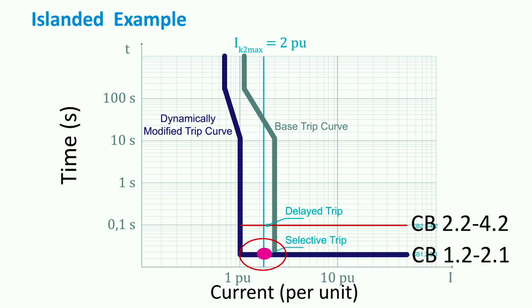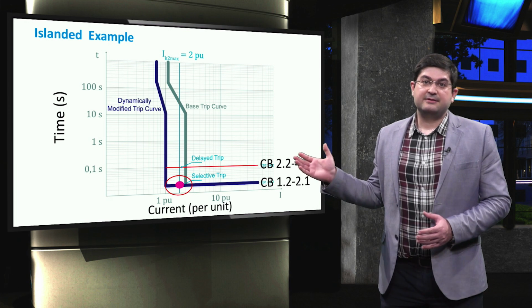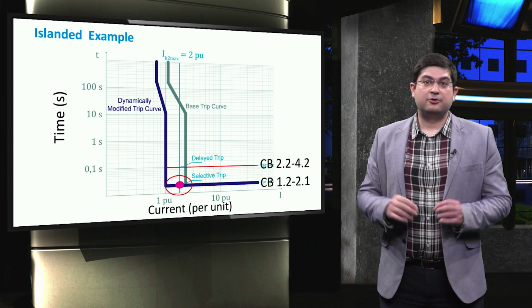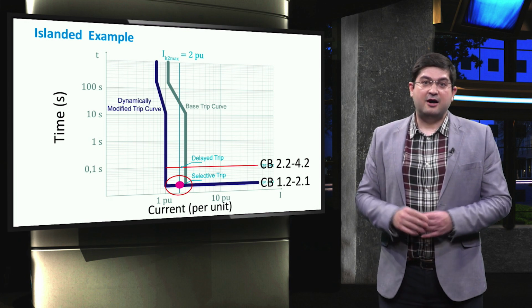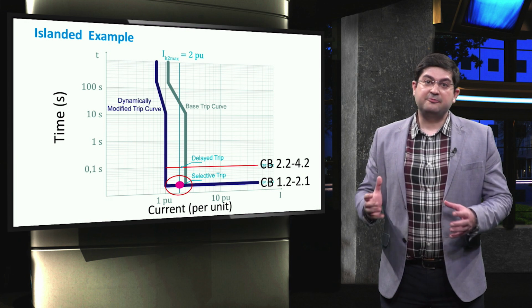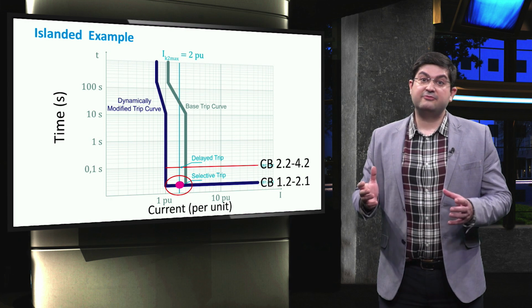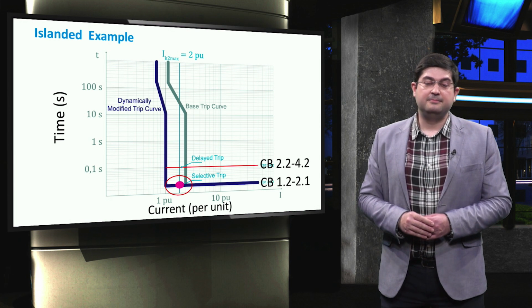The relay will trip, in this case, around 20 milliseconds, which is remarkably much lower than 40 seconds in the previous case. This way, the adaptive protection helps ensure the proper operation of the protection scheme when factors of the microgrids, like their configuration, change over time.